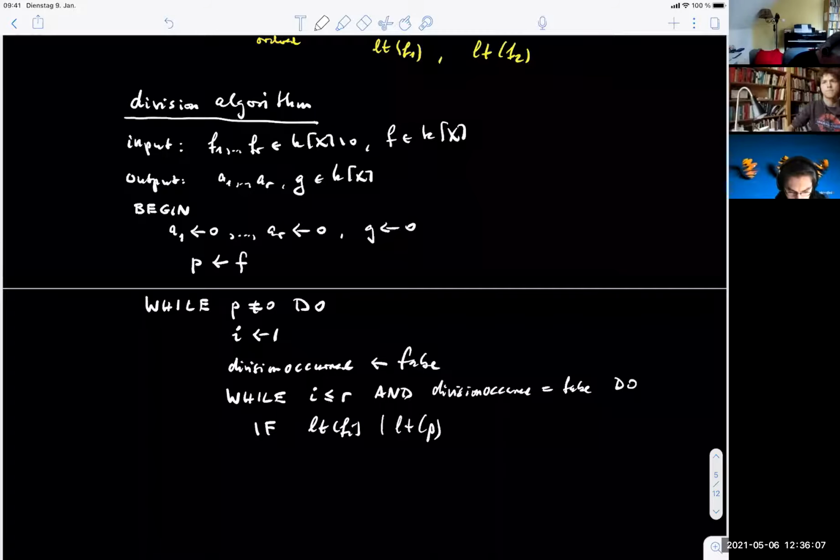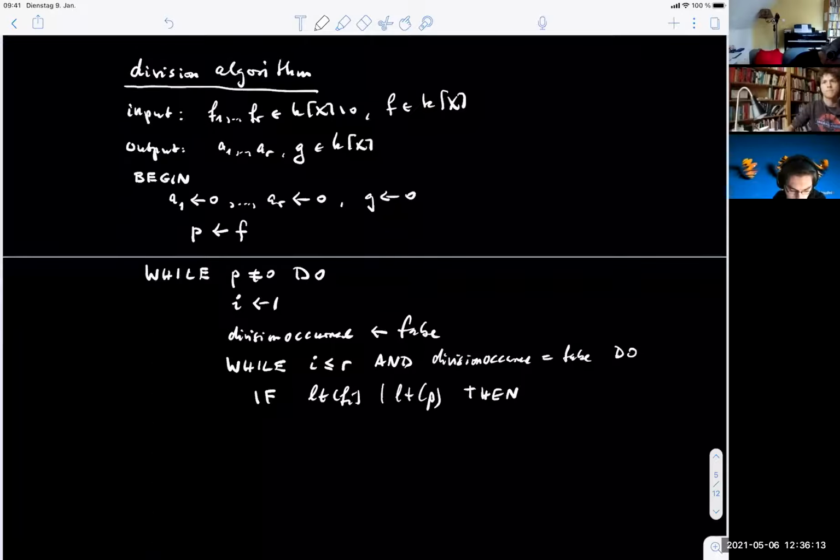So if this is the case, then I define the monomial U. It's going to be the leading monomial of P divided by the leading monomial of Fi.